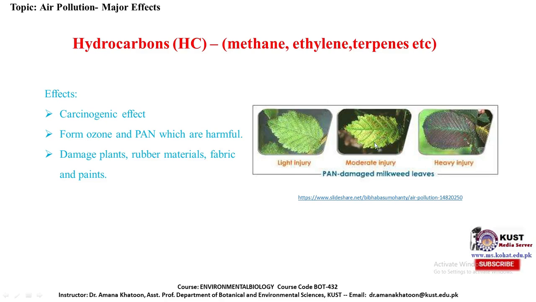Here some moderate injury, and here is the severe injury due to PAN in milkweed leaves. Also, hydrocarbons cause damage to plants, rubber materials and fabrics and paints also. So all these materials which are exposed in the environment would be damaged by the hydrocarbons.